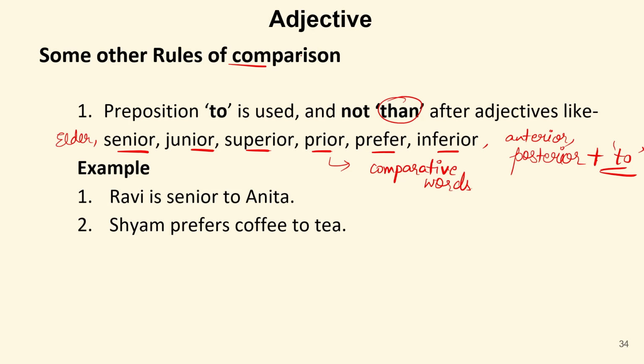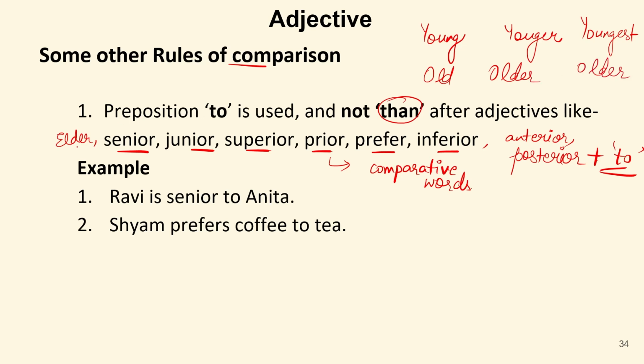Like, if I use a word young, it's a positive degree of which I can make a comparative degree as well as a superlative degree. Young, younger, youngest. Same with the word old, older, and oldest.